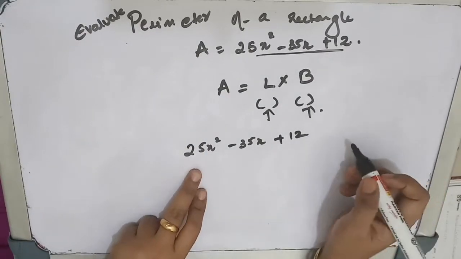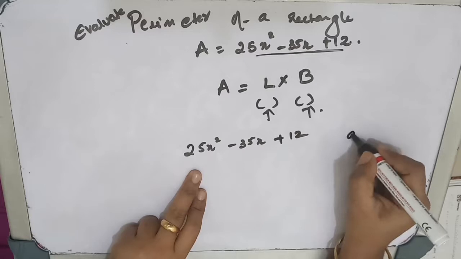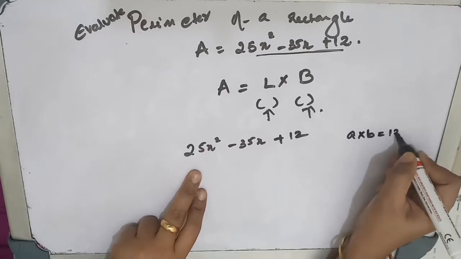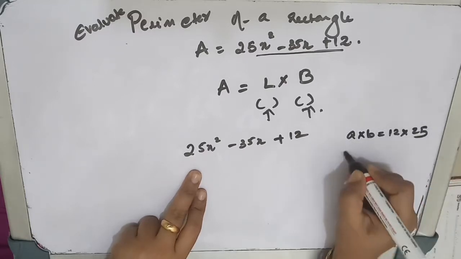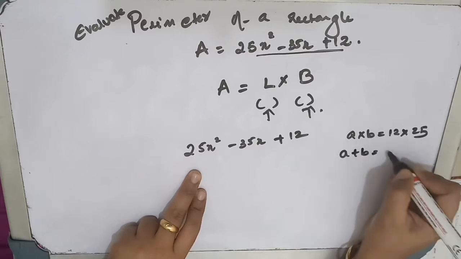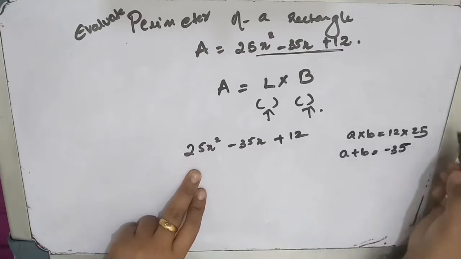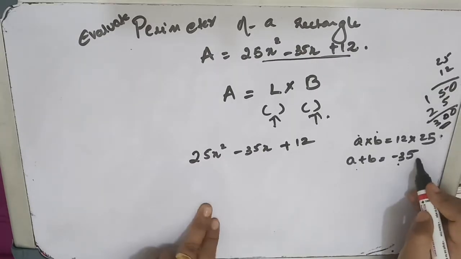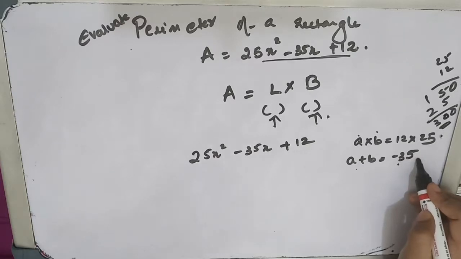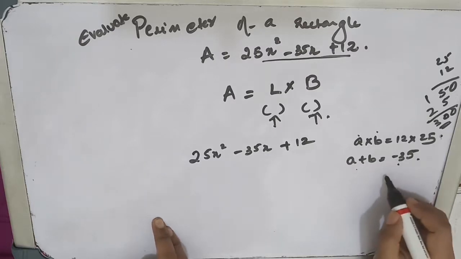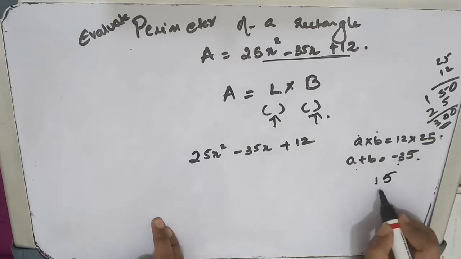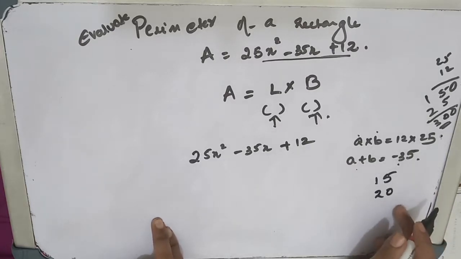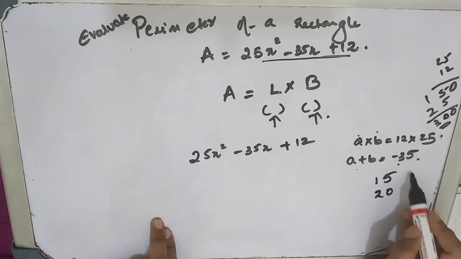We have to obtain two numbers such that their product is equal to 12 into 25, that is 300, and their sum should be equal to minus 35. Which are those two numbers? The numbers are 15 and 20. Okay, so both the numbers should be negative.